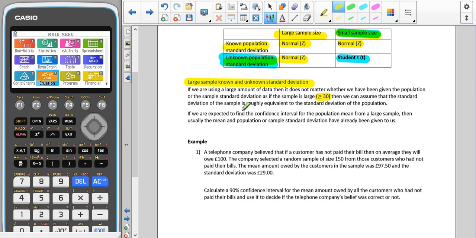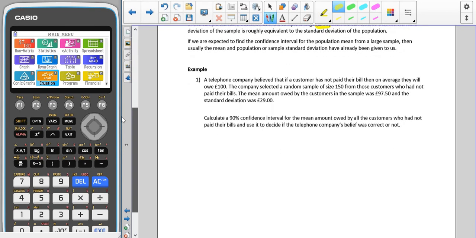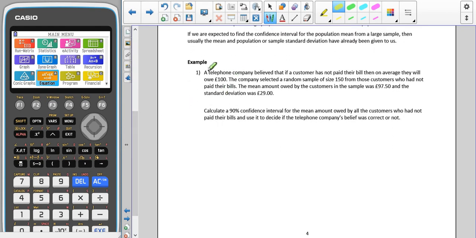If we are expected to find the confidence interval for the population mean for a large sample, then we usually have the mean and we have a population or sample standard deviation that are already given to us. So here we have an example. A telephone company believed that if a customer has not paid their bill, then on average they will owe £100.